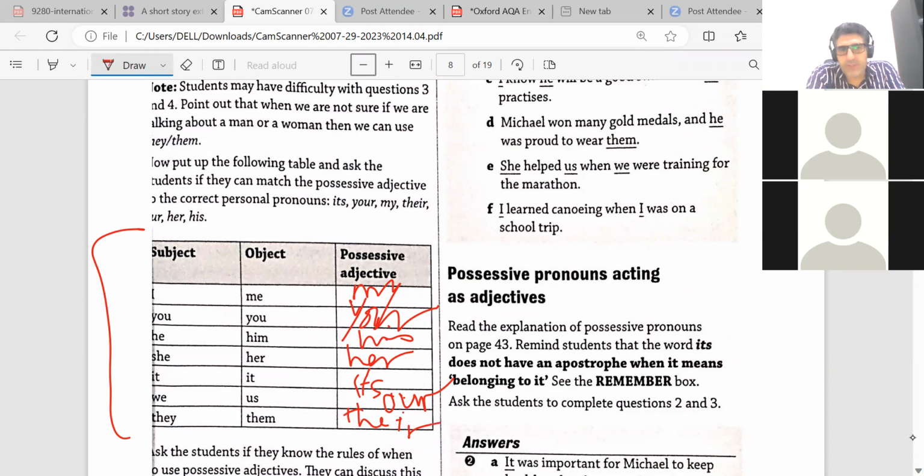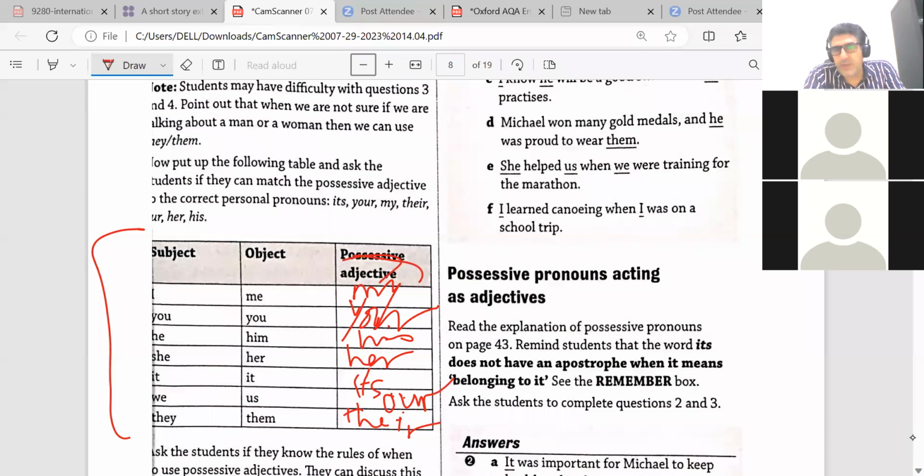So the first one here: possessive adjective. As you know, we use an adjective before the noun. So the possessive adjectives must be followed by a noun. Like my school is new. My dad is an engineer. Your car is old.